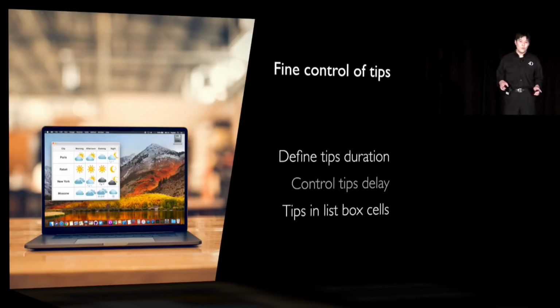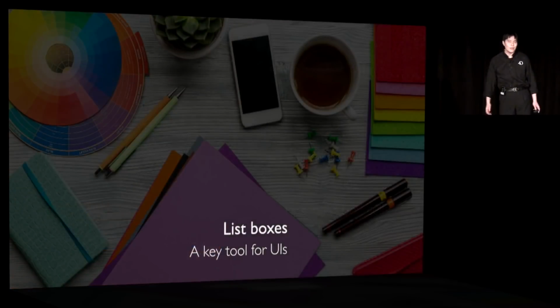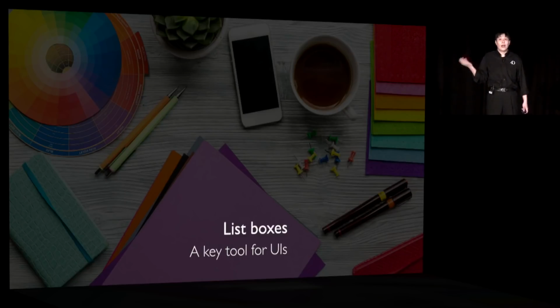Now, I want to spend a few more minutes to focus, actually, on list boxes. You see, every new version since V11 has added a new practical feature related to the listbox object, and our latest R releases are no exceptions. As we just saw in the previous section, you can now define help tips for each cell if necessary.